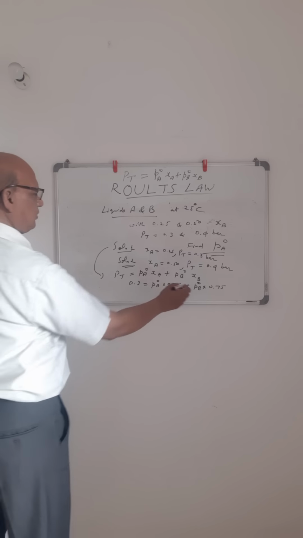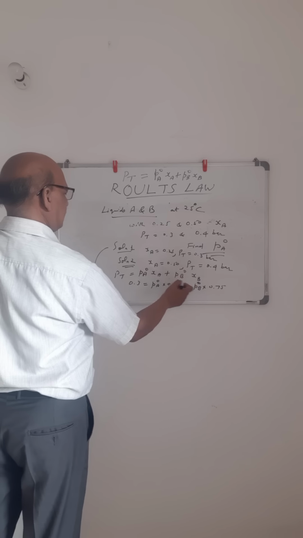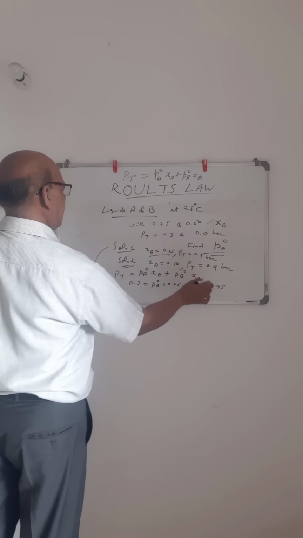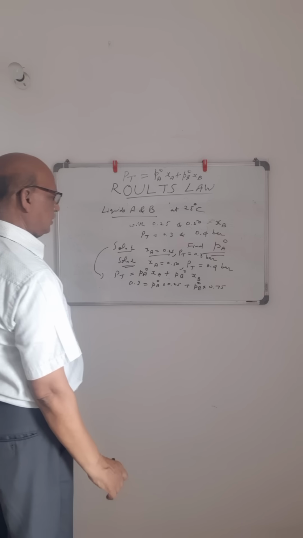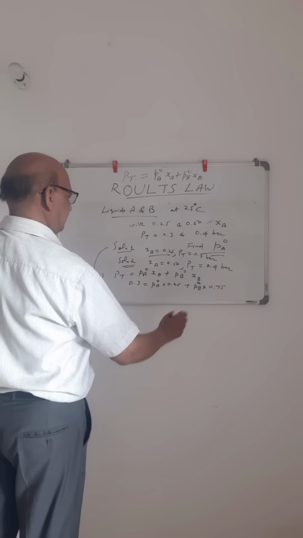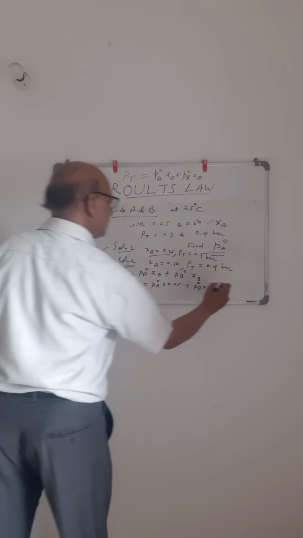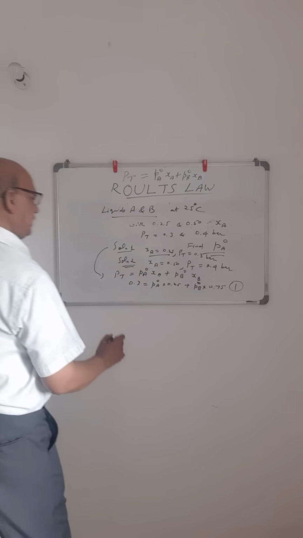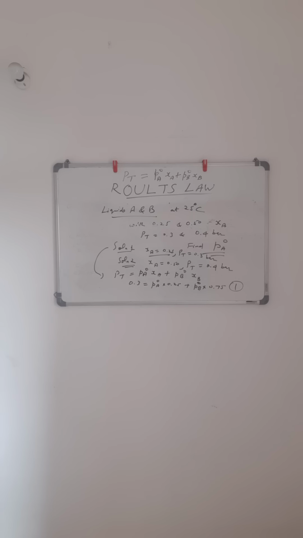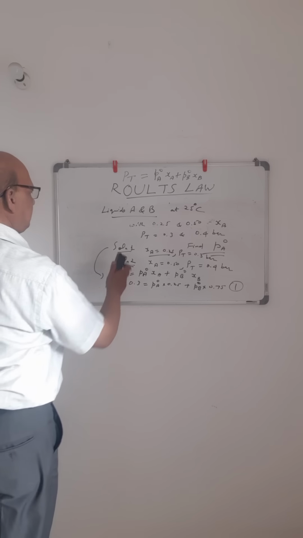Because XB will be 1 minus XA and XA is 0.25. So this is equation number 1, and similarly for solution 2 we will make another equation.